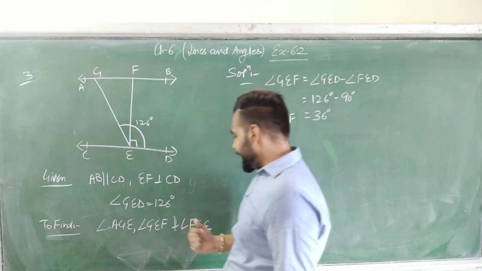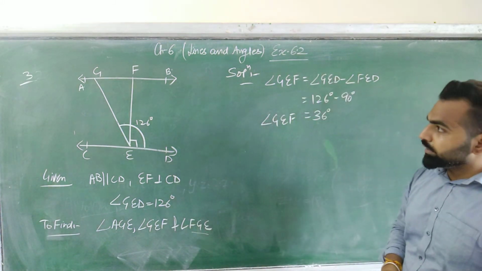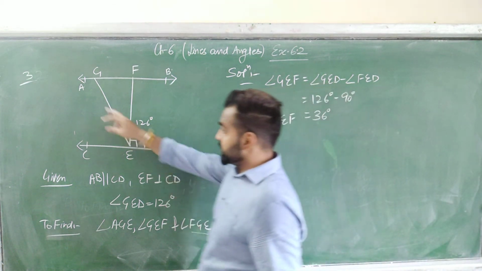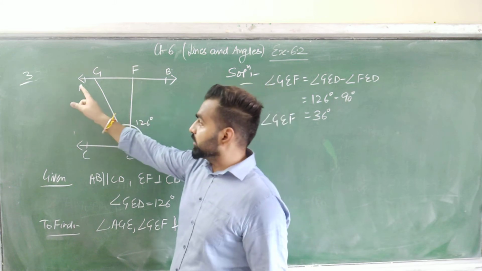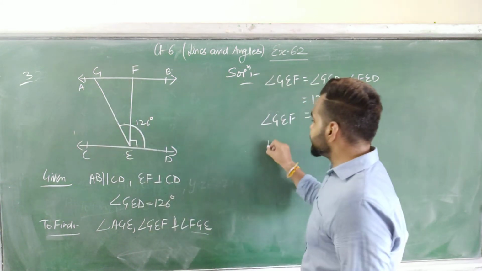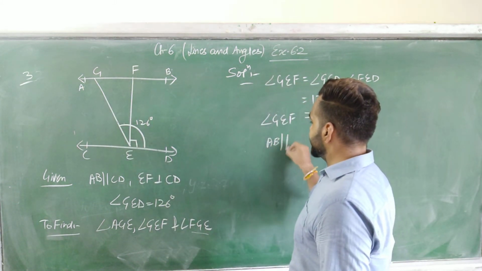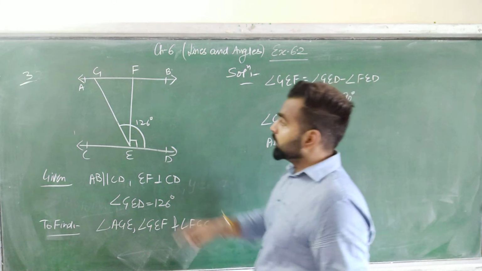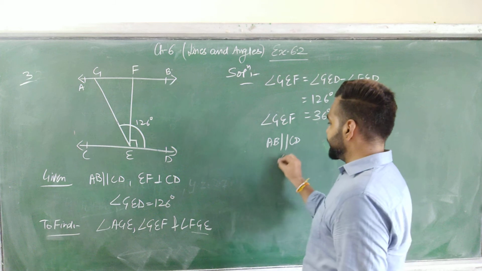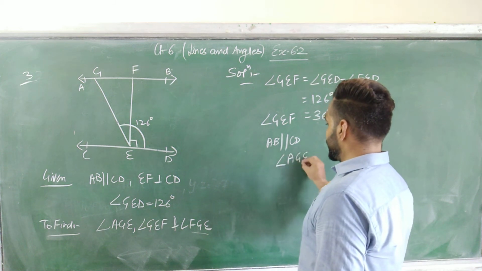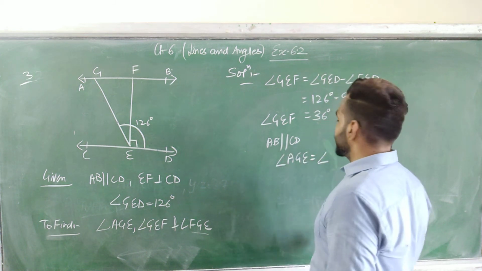Next we have to find angle AGE and FGE. This is AGE here and this is FGE. Here we can see that AB is parallel to CD and this GE is the transversal. So angle AGE is equal to angle GED.